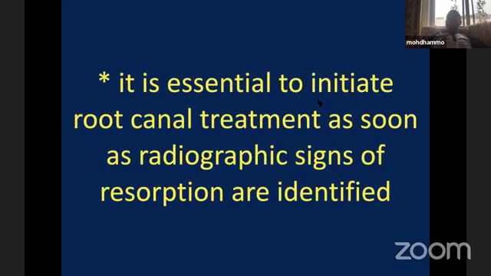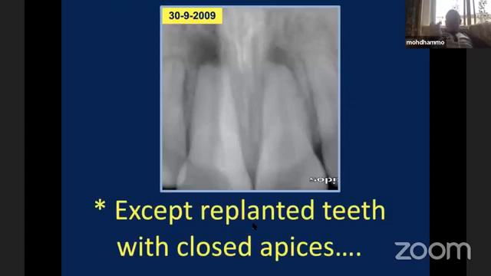It is essential to initiate root canal treatment as soon as radiographic signs of resorption are identified. So in any case, if you see any external inflammatory resorption, you have to start root canal treatment immediately. We have an exception here: the case of replanted teeth.